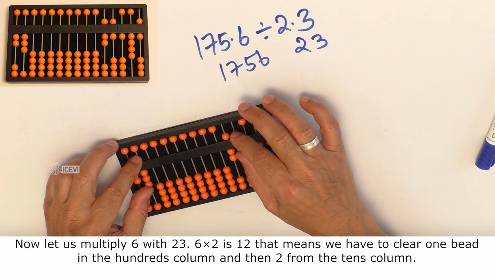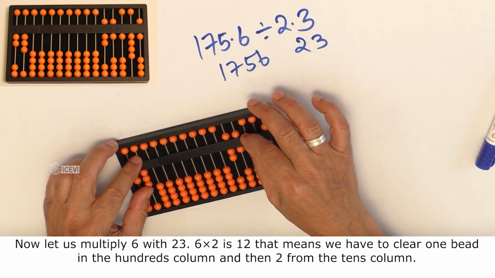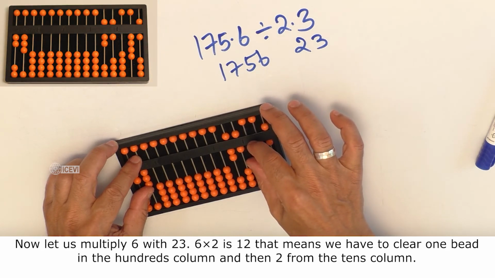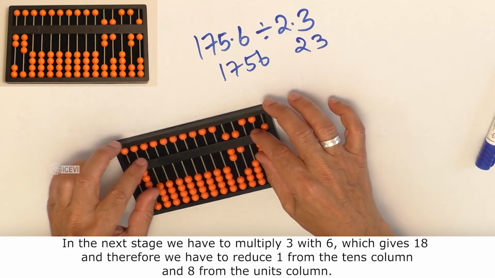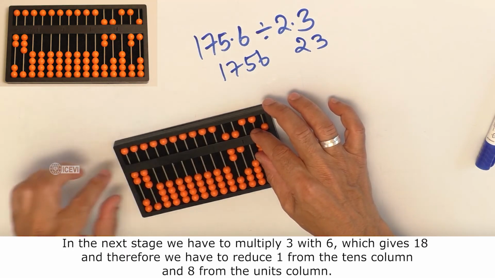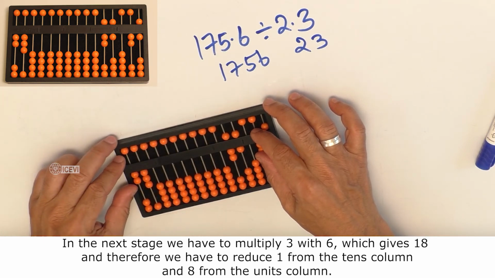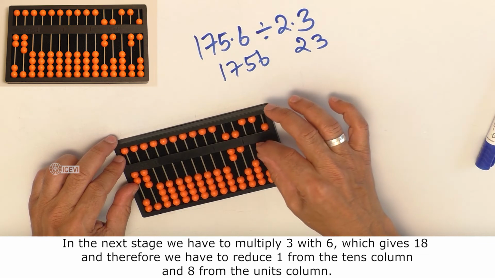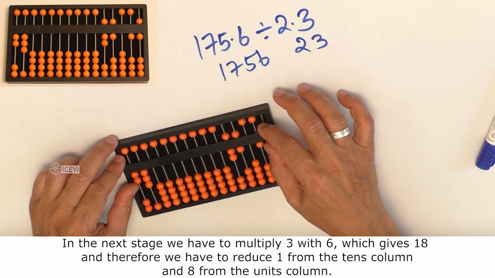That is 6 multiplied by 2 is 12. That means we have to clear 1 bead in the hundreds column and then 2 from the tens column. In the next stage, we have to multiply 3 with 6, which gives 18, and therefore we have to reduce 1 from the tens column and 8 from the units column.